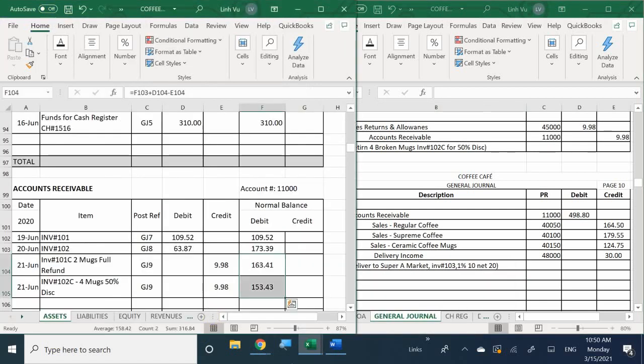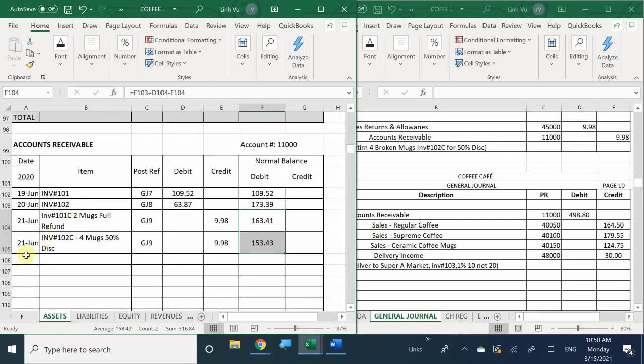So here in the ledger, we did an accounts receivable. Perfect, we're already there. So what are we going to put here? Invoice number 103.